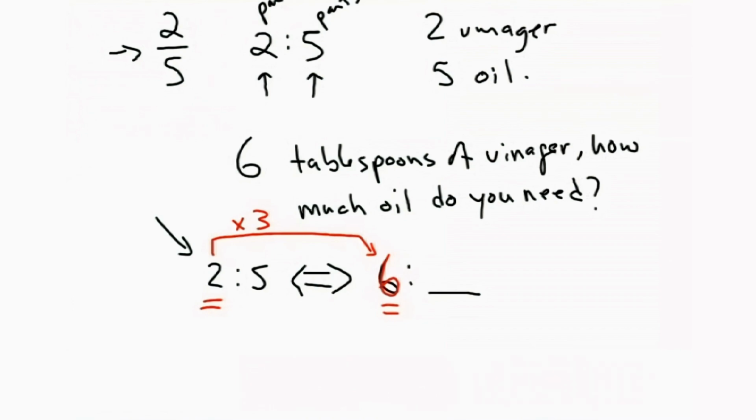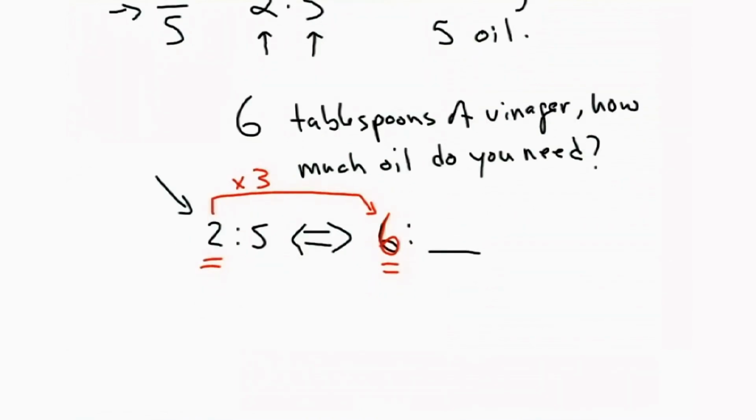So if we have to multiply 2 by 3 to get 6, then we're going to have to multiply the 5 by 3 as well. And 3 times 5 is 15. So if we're making salad dressing that requires 6 tablespoons of vinegar, then we will need 15 tablespoons of oil.